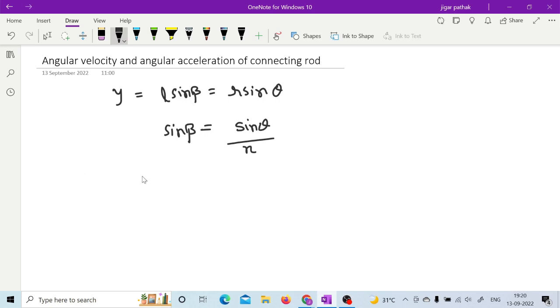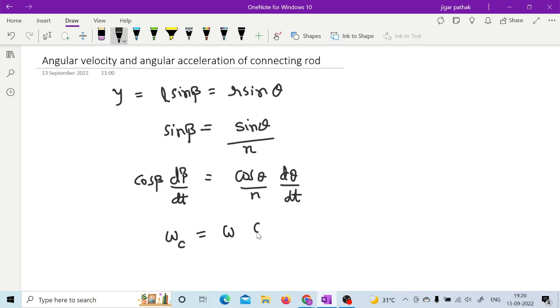Now if you differentiate this equation with respect to time, it will give cos beta d beta by dt is equal to cos theta by n d theta by dt. Here d beta by dt is nothing but the angular velocity of the connecting rod, omega c, and d theta by dt is the angular velocity of the crank.